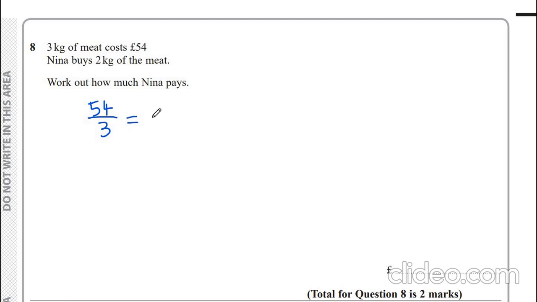Well, if you divide 54 by 3, you get 17.80. So this is the cost of each kilogram of meat. So if she's buying 2, 18 times 2, 36 pounds.